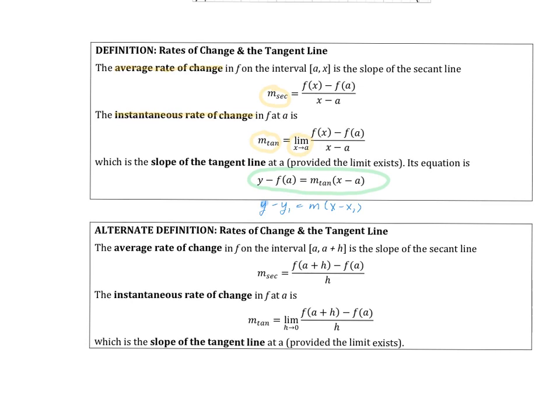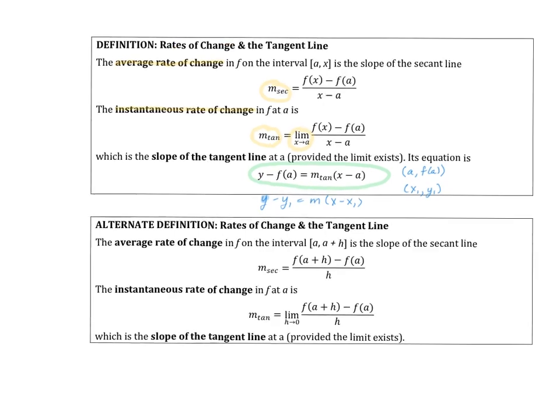So here note that in the first equation, the point that it's passing through is a comma f of a, which is the same as saying x sub 1, y sub 1 in that point slope equation of a line that you used from algebra.